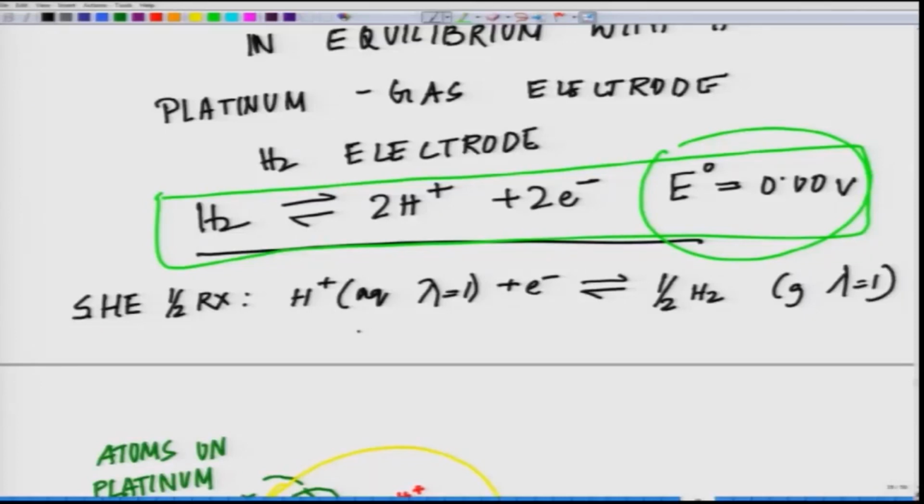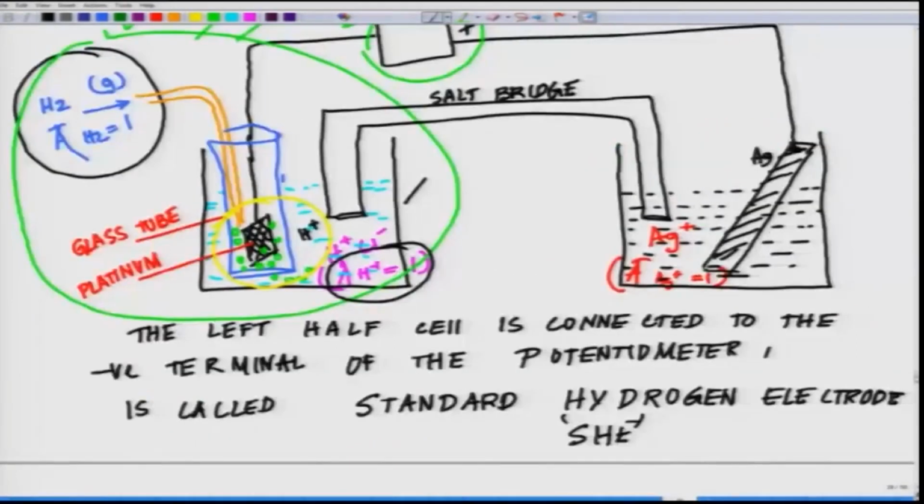What is important to know here is that the stream of hydrogen bubbled through the electrode saturates the solution with aqueous hydrogen.